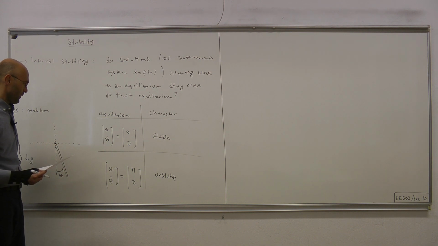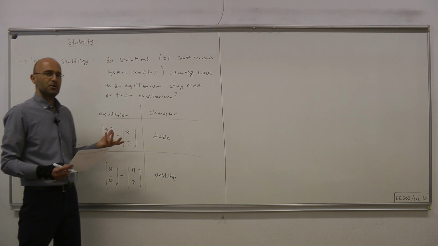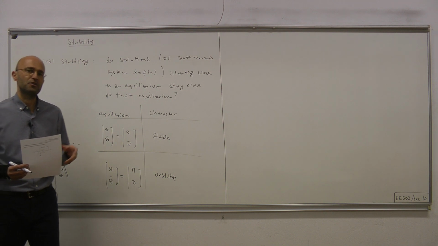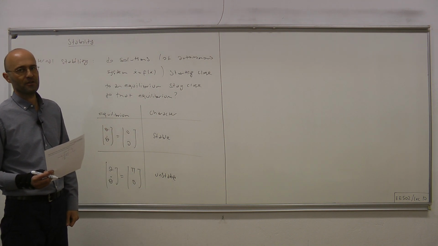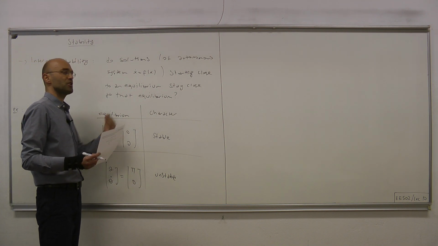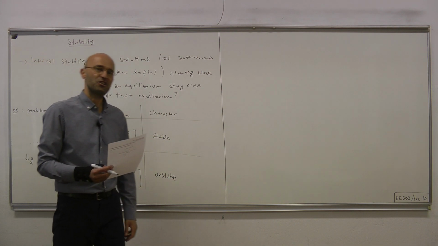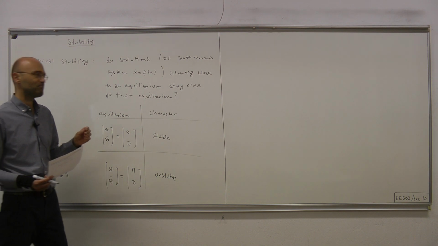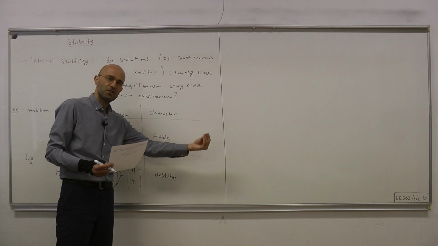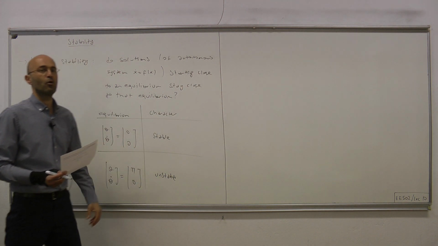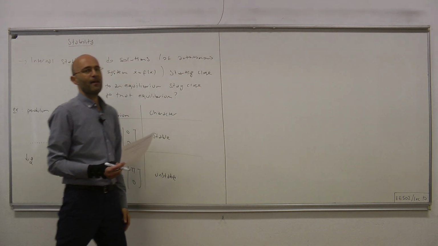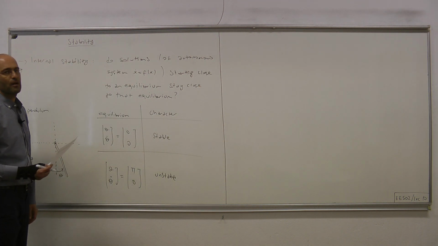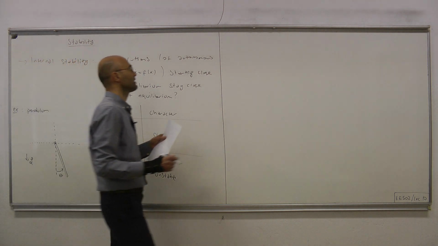For linear systems, the equilibrium that we'll be interested in is always the origin. So when we say such and such linear system is stable or unstable or exponentially stable, we actually mean that the origin of our system is exponentially stable, or the origin of our system is unstable, and so on.